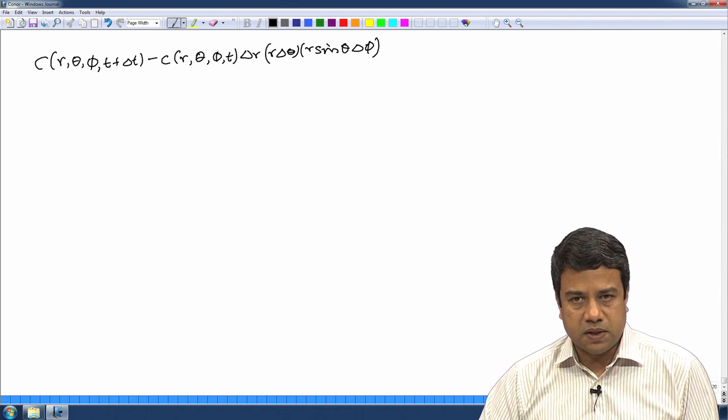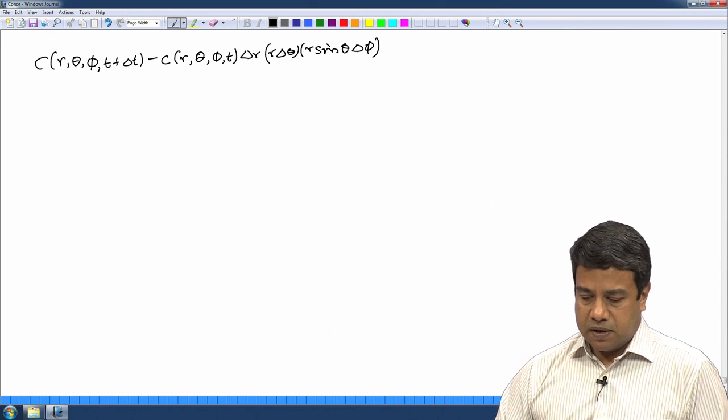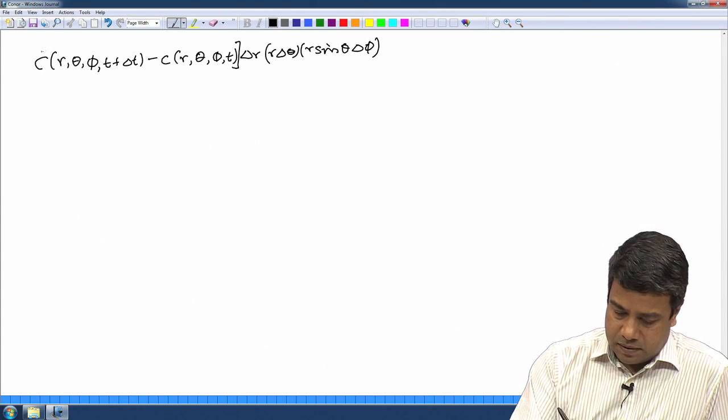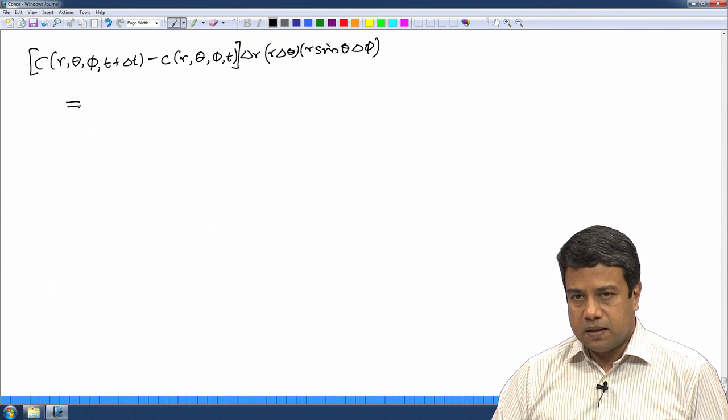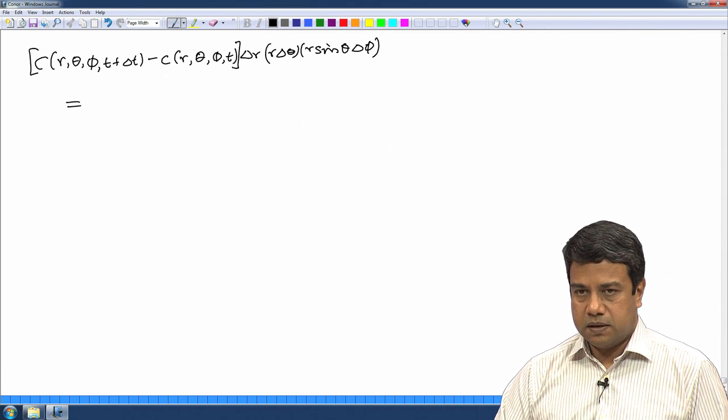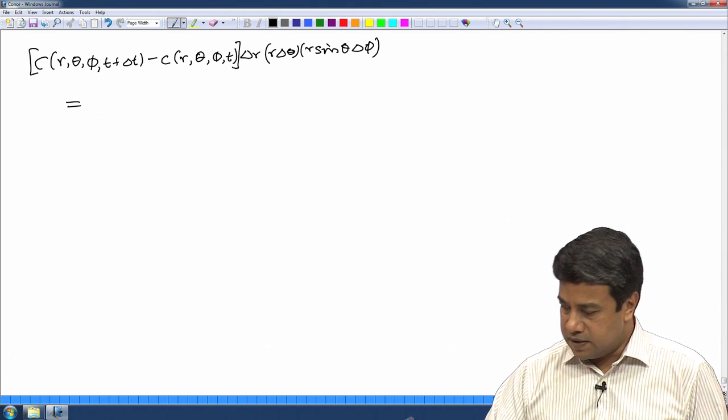So, that is the change in mass within a time interval delta t, equal to mass in minus mass out, mass in at the surface at r.